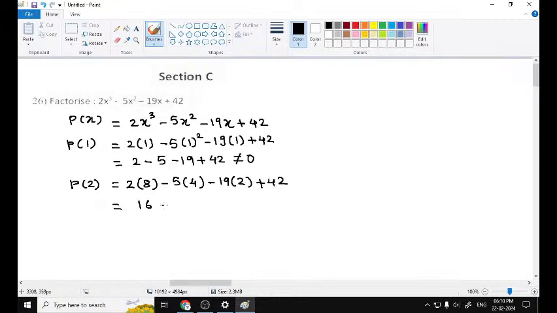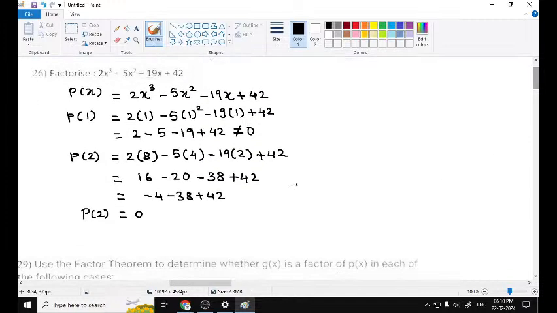So 16 minus 20 minus 38 plus 42. And this is minus 4 minus 38 plus 42. This becomes minus 42 plus 42. So what we have, p of 2 is equal to 0.